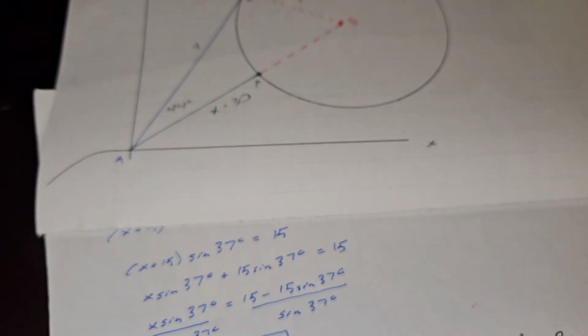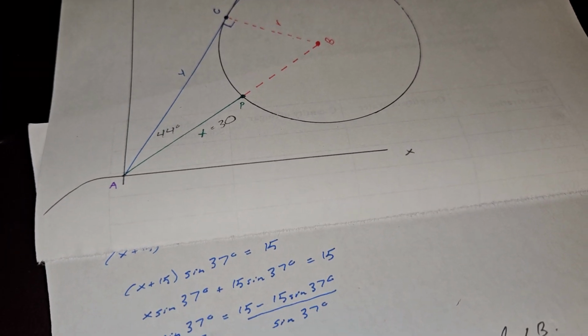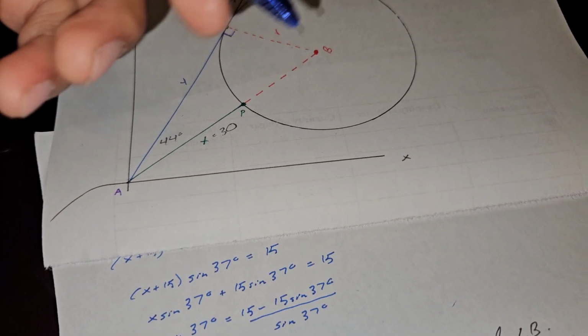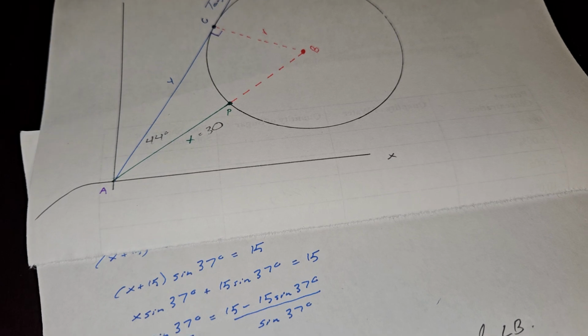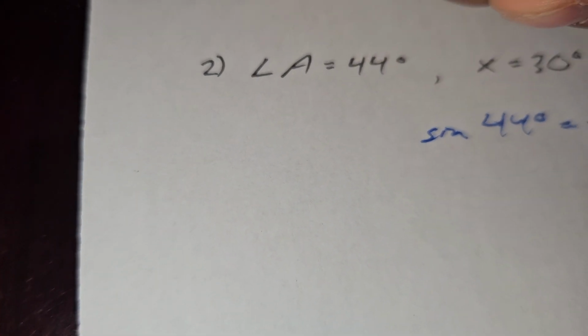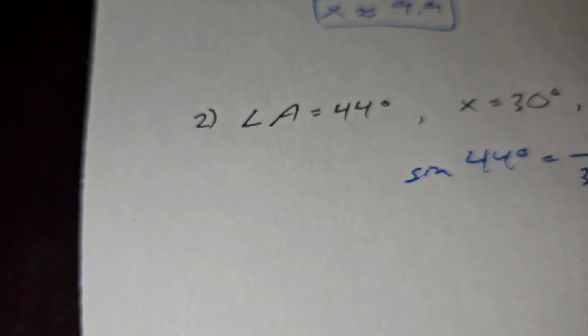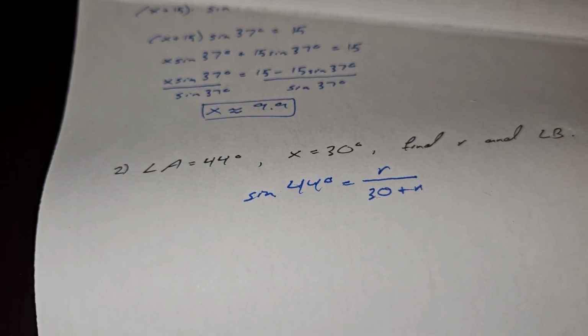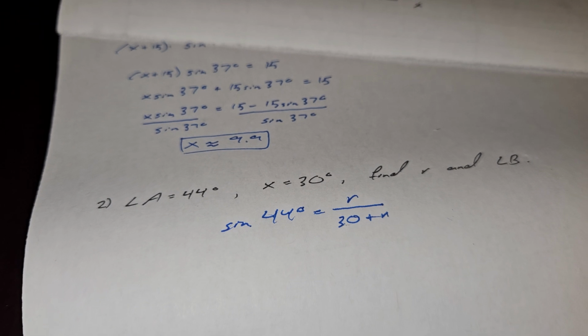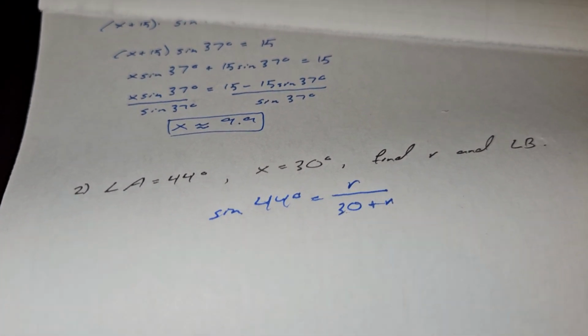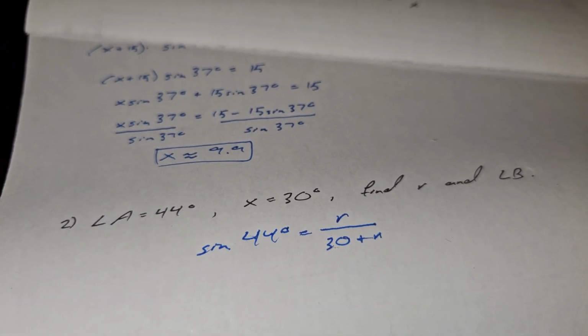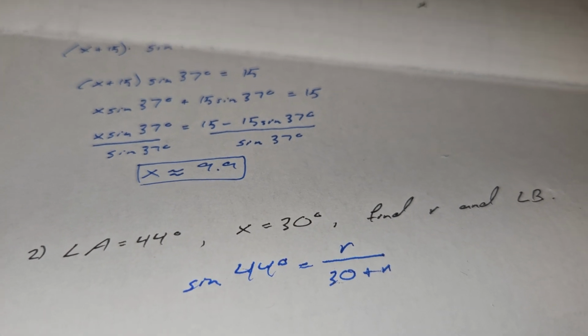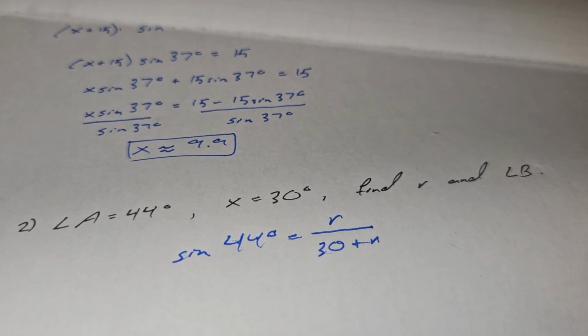Remember, it's not just 30, it's 30 plus r, right? Because r is right here. This is our radius. So 30 plus r. It looks pretty illegible, but that reads sine of 44 degrees is equal to r over 30 plus r. Now let's go ahead and solve for r.